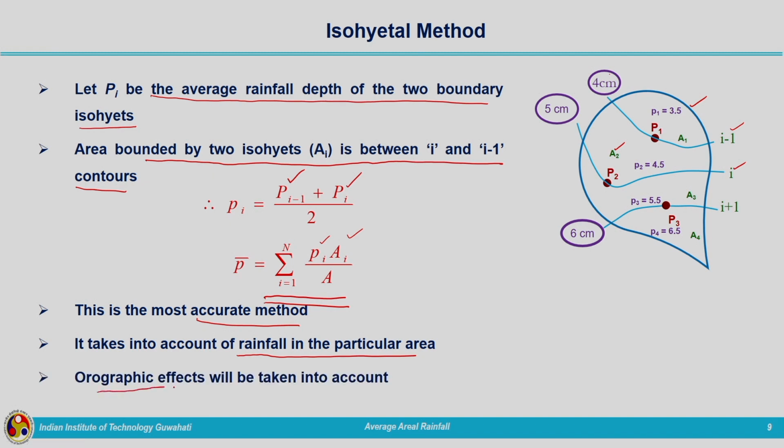That itself takes into account the orographic effects, because orographic precipitation at the hilly region is incorporated. Even though we are not directly accounting for the area being hilly or mountainous, the rainfall from the orographic precipitation is taken into account. Based on that, we are averaging out the values here.